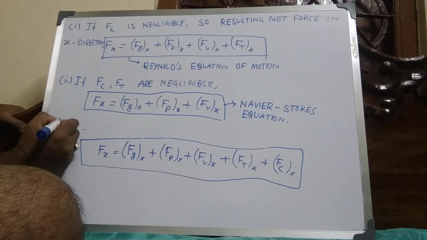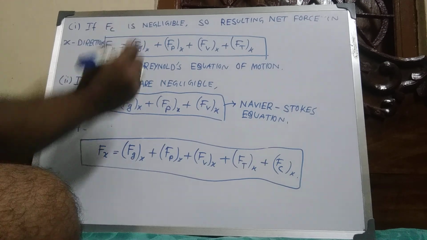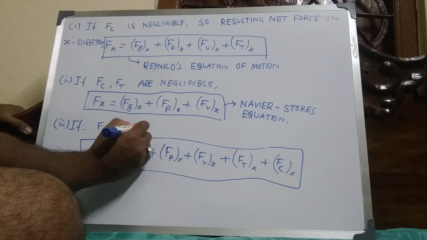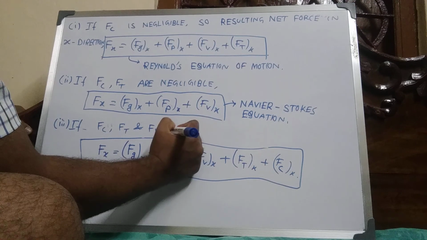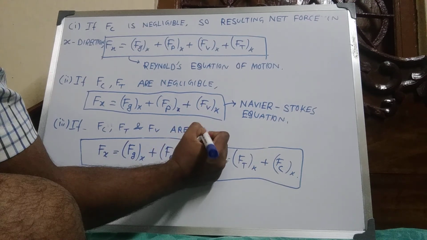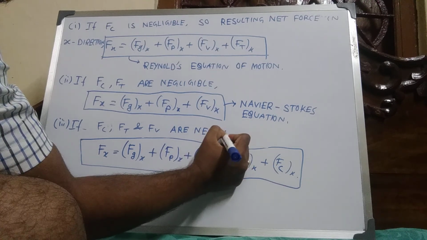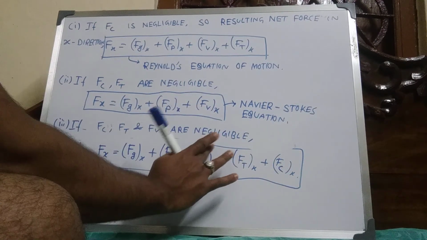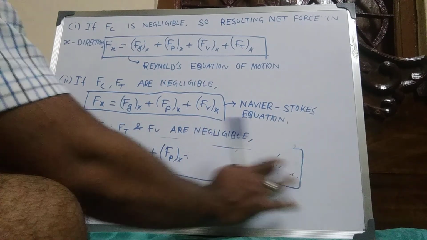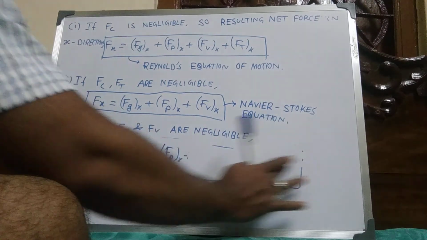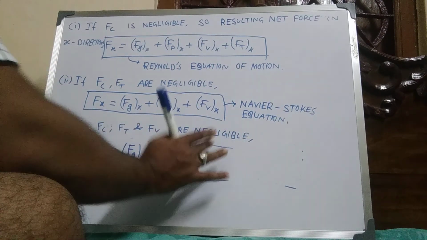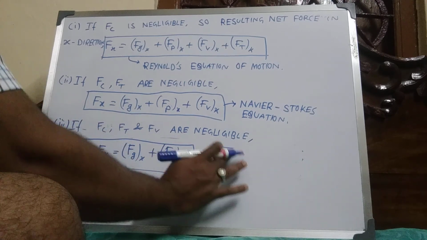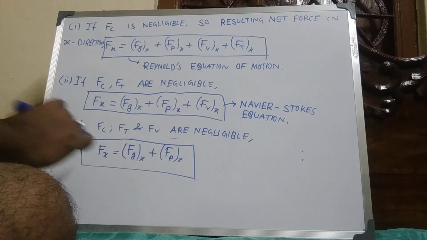Number 3, if Fc, Ft and Fv are negligible, then the net resulting force in the x direction is Fg plus Fp.